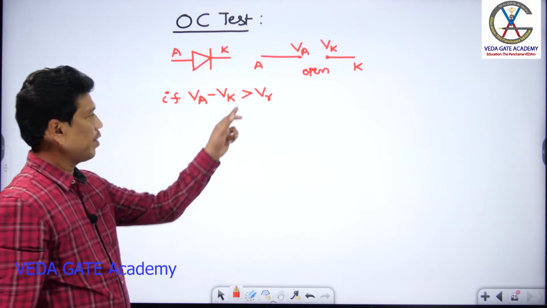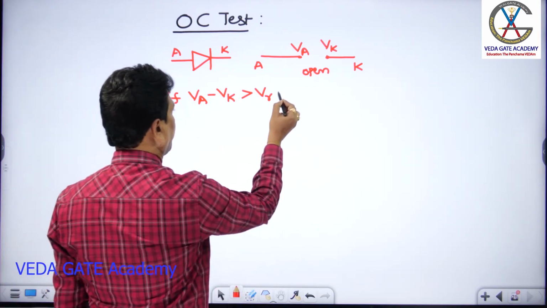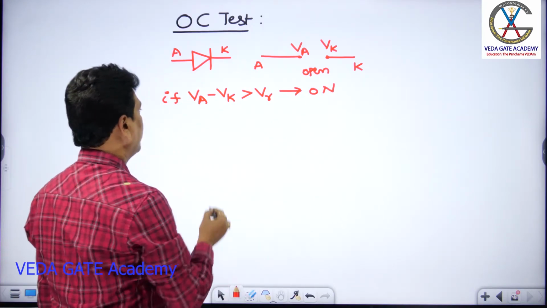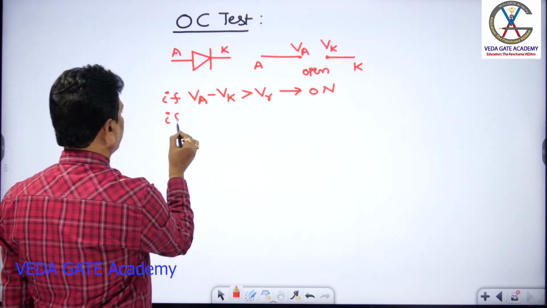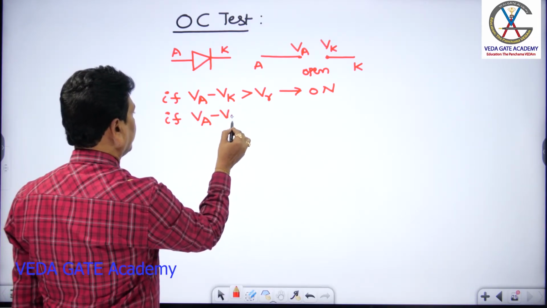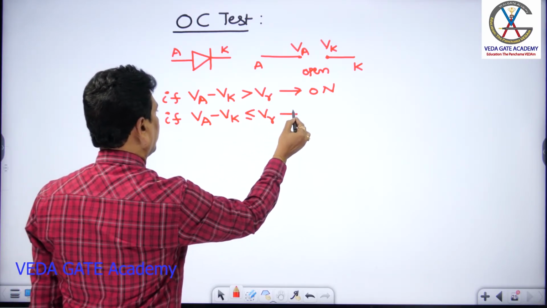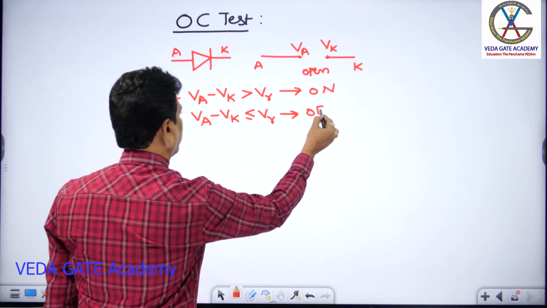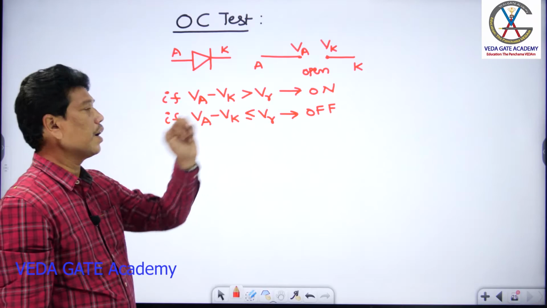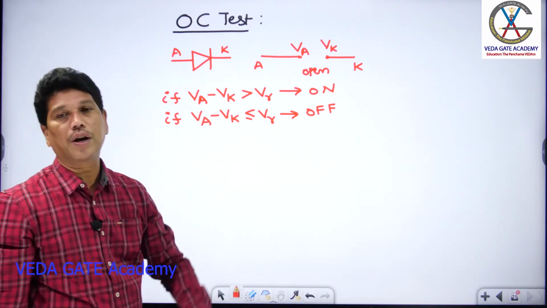In the ideal case, VR is 0. If VA minus VK is greater than VR, the diode is on. If VA minus VK is less than or equal to VR, the diode should be in the off state.